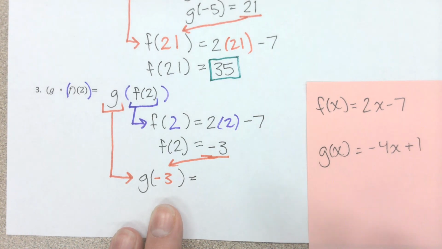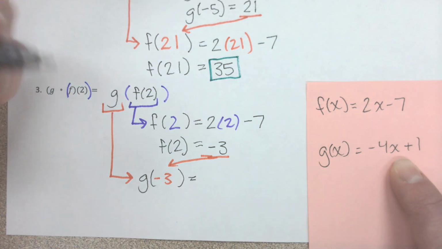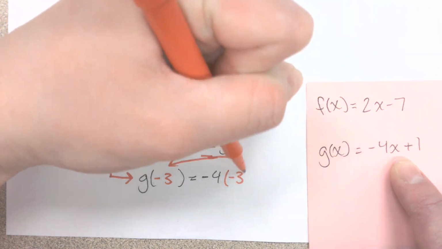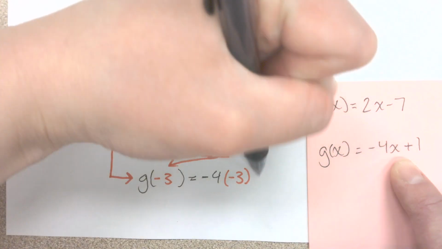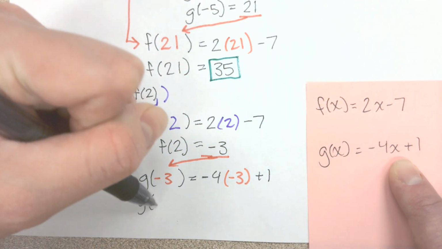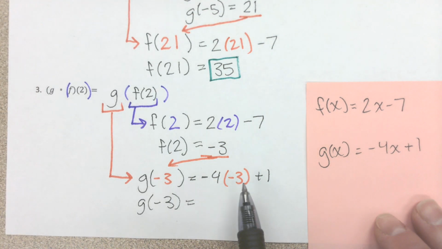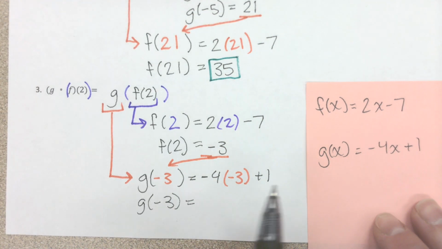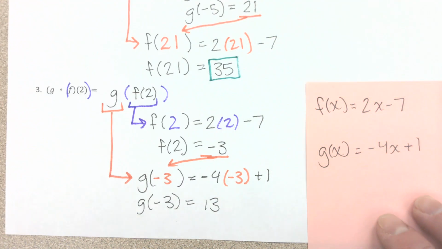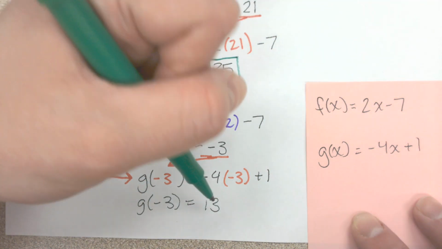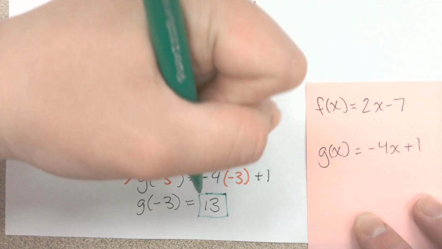Our equation over here, negative 4x plus 1, we're going to put negative 3 into the x. We have negative 4 times negative 3 plus 1. Negative 4 times negative 3, that's positive 12, plus 1 is positive 13. That was the outside function. There's nothing else to do. This is my answer.